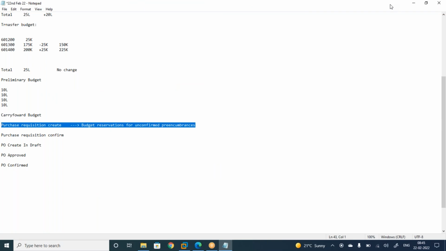For public sector, government sectors, and semi-government sectors, it is mandatory whenever you are creating a purchase request. This should be enabled.